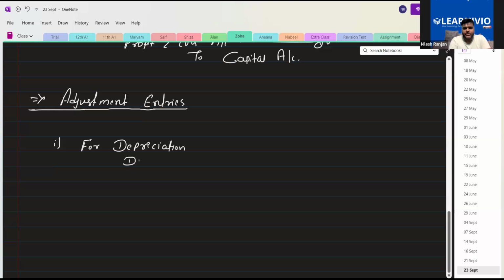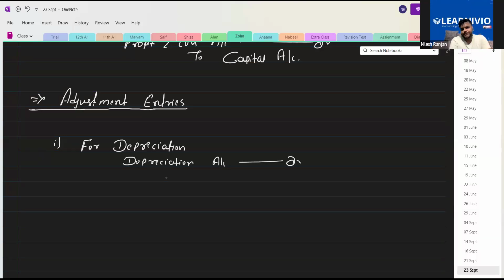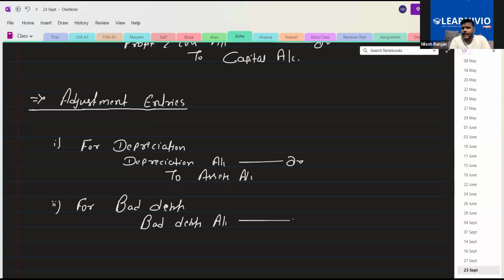So for depreciation, it will be depreciation account debit to assets account. Now bad debts: bad debts account debit to debtors. Bad debt is also a loss, so that's why it is on the debit side, and it is deducted from the debtors, so to debtors.